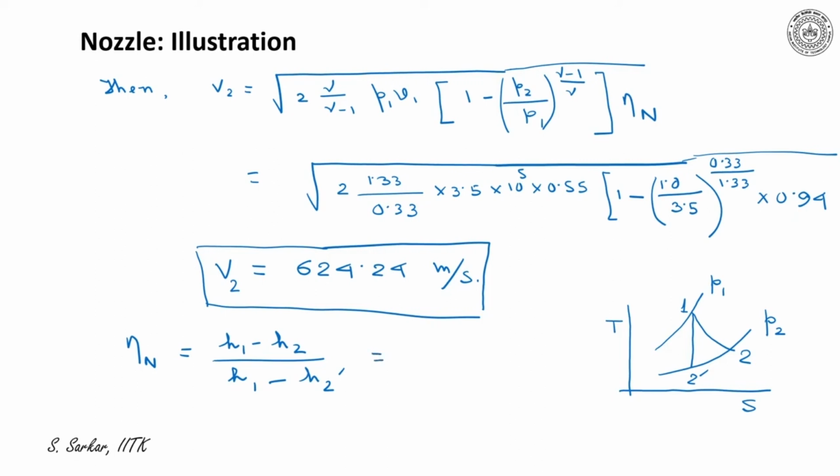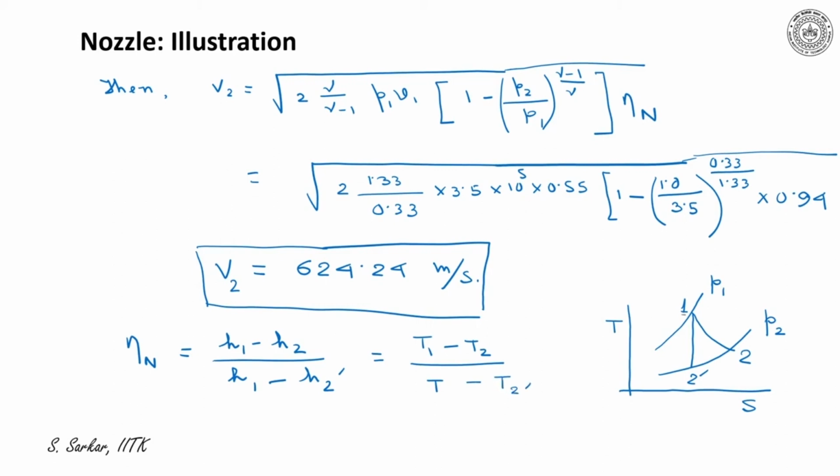If I consider that within the temperature range Cp remains constant, then I can say T1 minus T2, the actual temperature drop, divided by the isentropic temperature drop, that is T1 minus T2 dash.